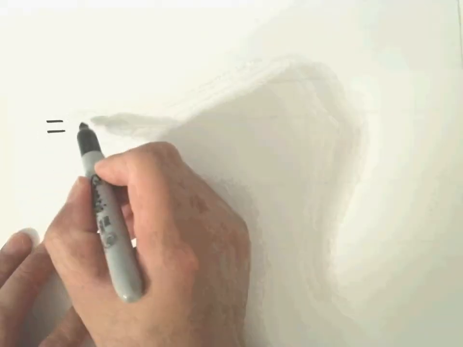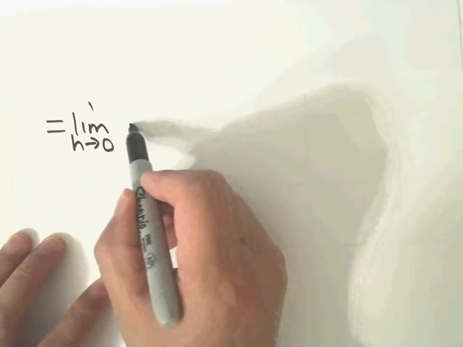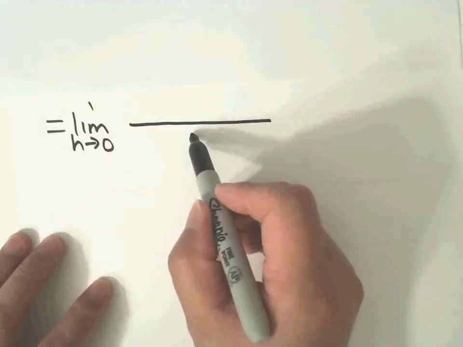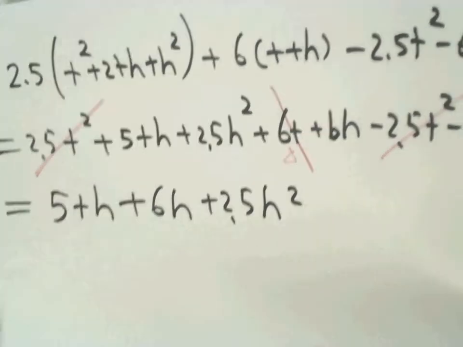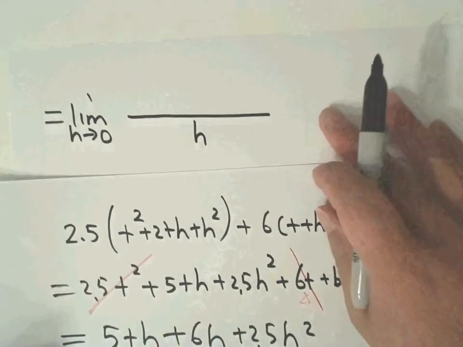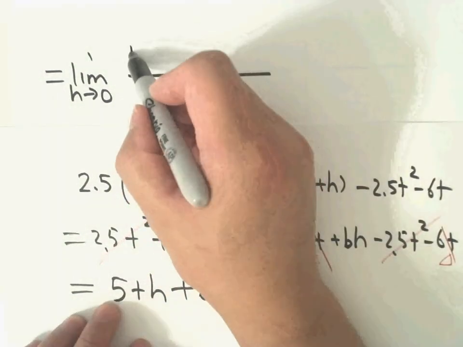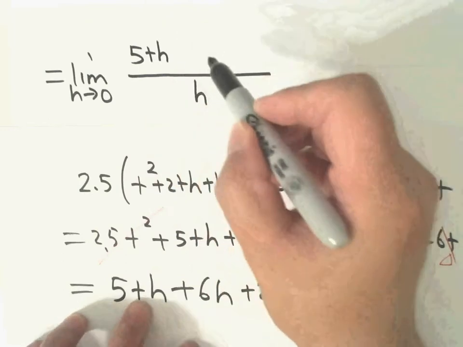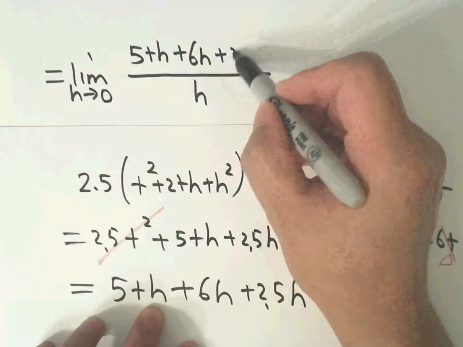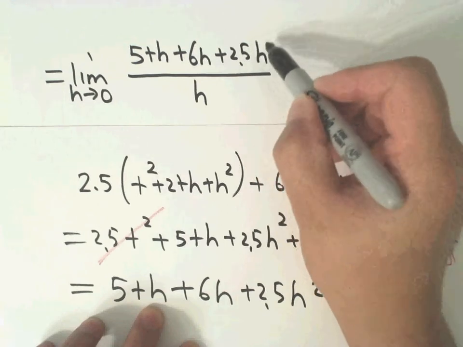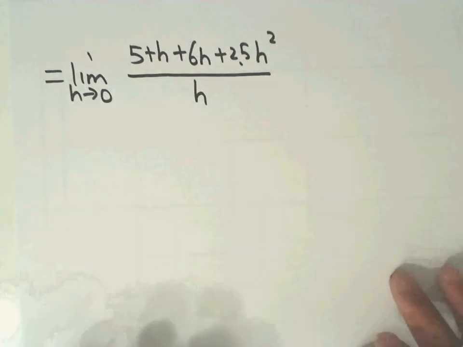We get the limit as h approaches 0, where the denominator is h, and the numerator is 5th plus 6h plus 2.5h squared.